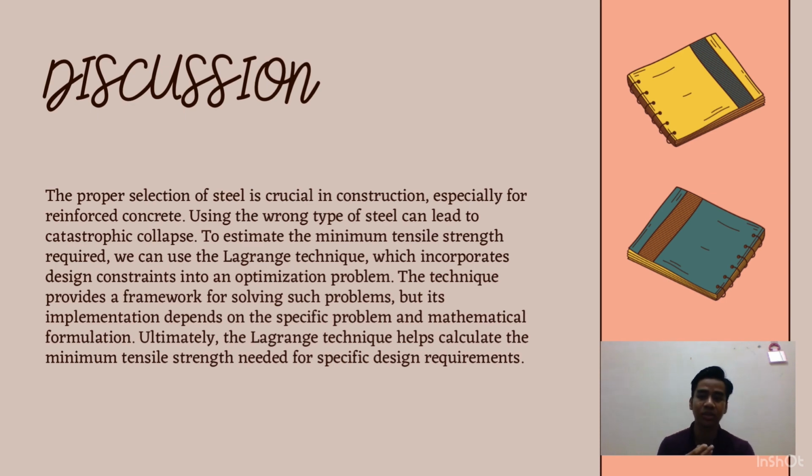The technique provides a framework for solving such problems, but its implementation depends on the specific problem and mathematical formulation. Ultimately, the Lagrange technique will help calculate the minimum tensile strength needed for specific design requirements.